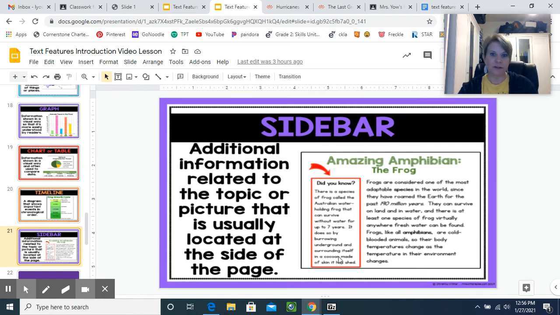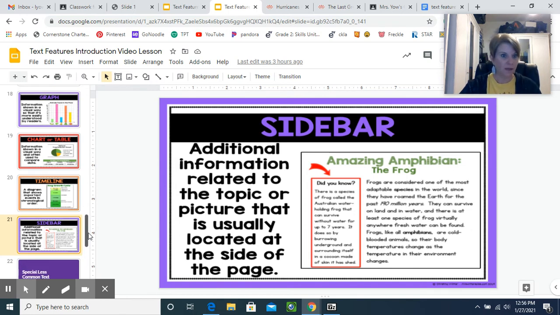That's pretty cool. So like on this one, it says, did you know? And then it lists the fact. A lot of times you'll see that did you know, but sometimes it may be like a title and then give you other different facts. So this is called a sidebar because it's not part of the actual text. It's an extra piece of information.